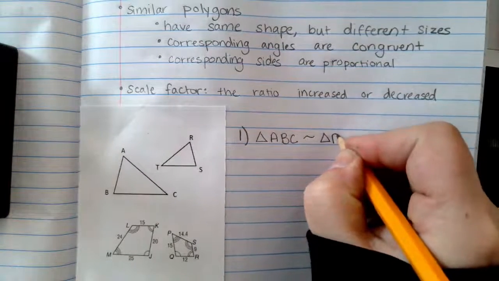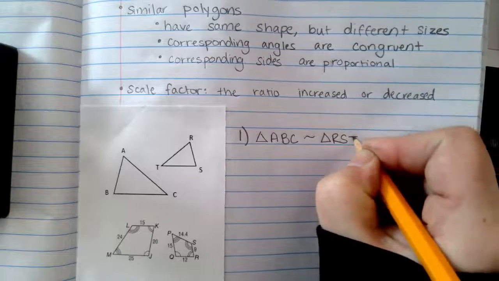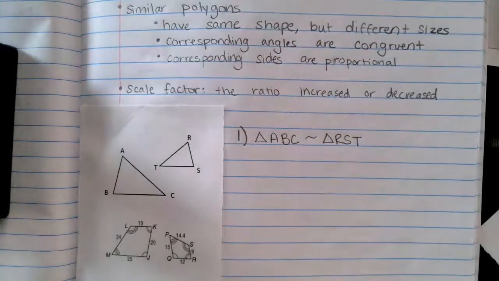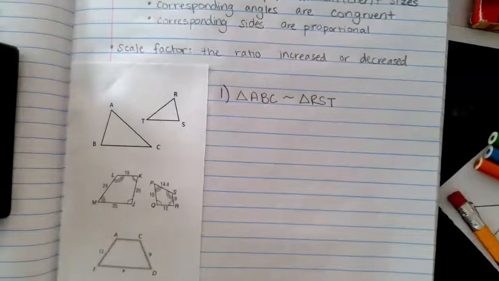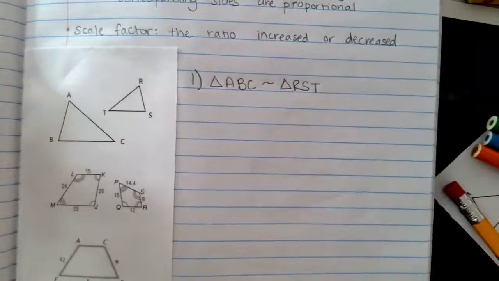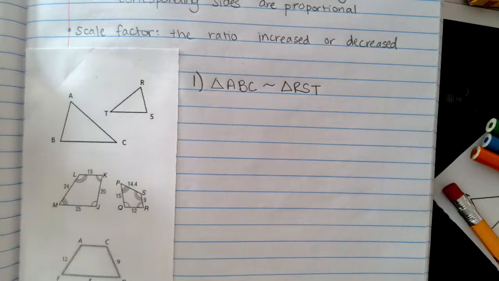So in this case, what we're going to do is just identify the things that we know. So we know that corresponding angles are congruent. So if I look at angle A, it is going to be congruent to what other angle? R, because those are corresponding. First in our statement.